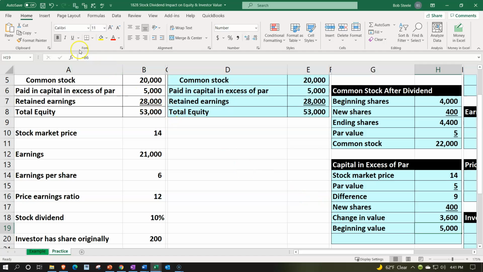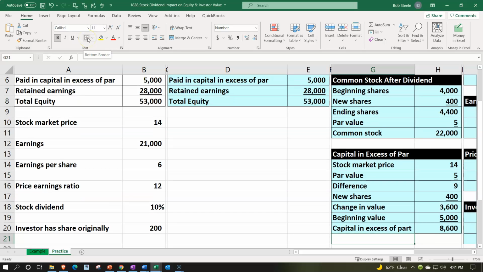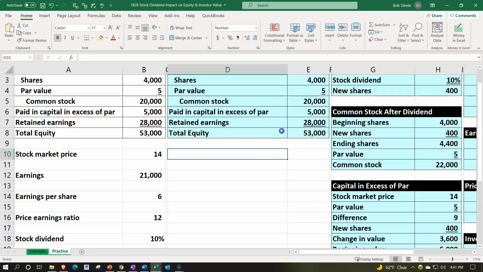Underlining that, font group and underline, that's going to give us our ending capital in excess of par, which is going to be equal to the SUM of 3,600 and the 5,000. That gives us the 8,600. That's what this one's going to be. We're going to change this then to that number. Not yet. You can do what you want to do, but I'm not going to do it yet till we're done.